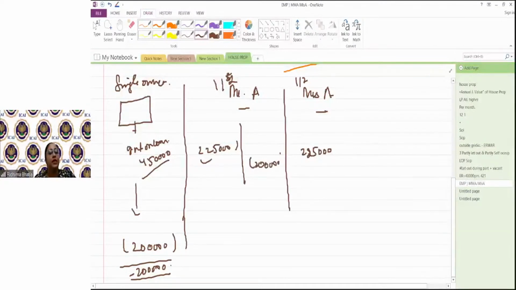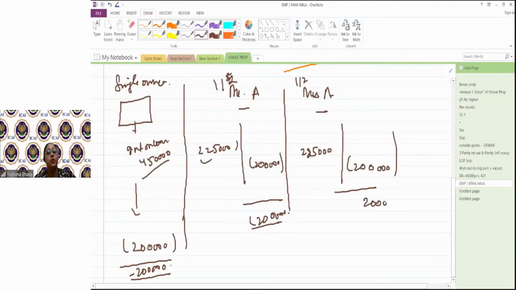So for Mr. A the loss from house property would be 2 lakhs, and for Mrs. A the loss from the half of the property which she owns would be 2 lakhs. So both get 2 lakhs here, which, if they had been a single owner, only one person would have got, as the owner would have got the maximum deduction of 2 lakhs.